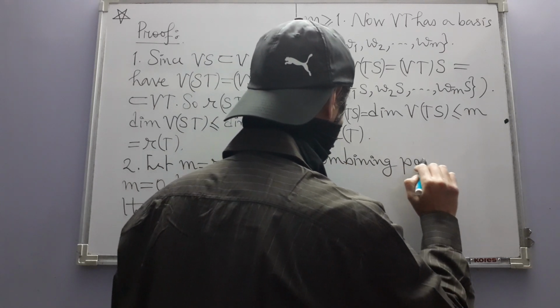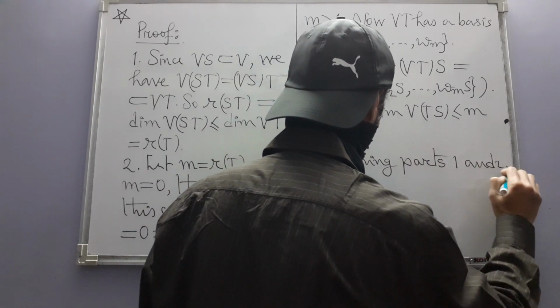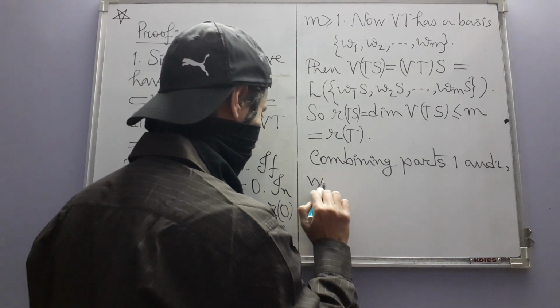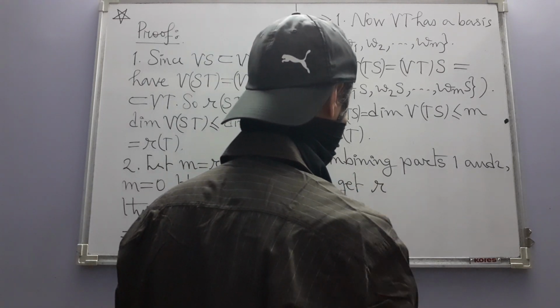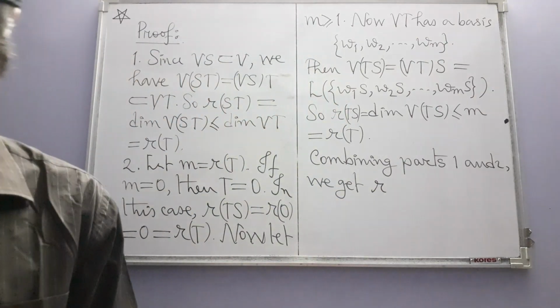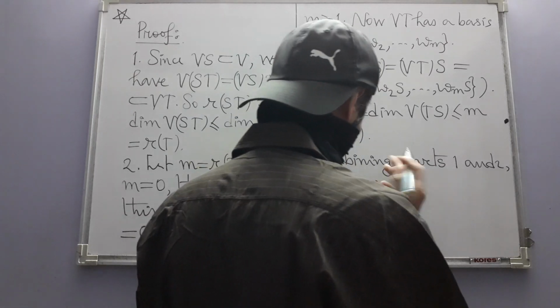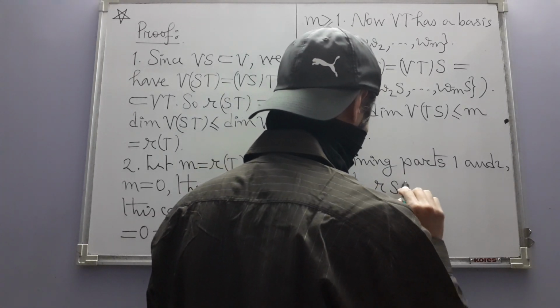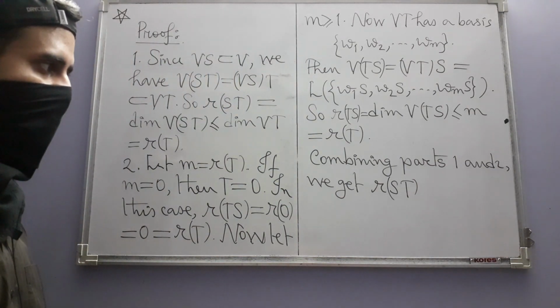Combining parts 1 and 2, we get what was it, R of St or Ts? St. It actually we can take Ts also, but let's just take St because that's how it was stated.